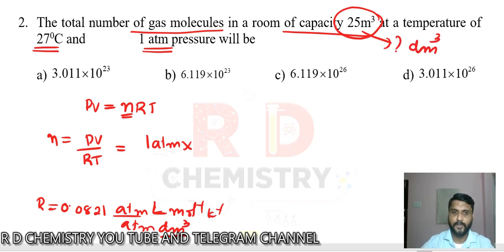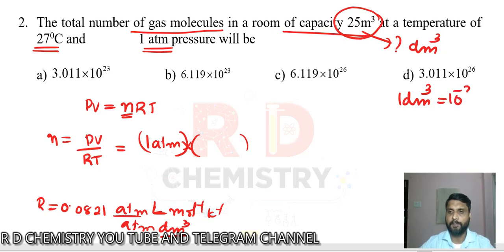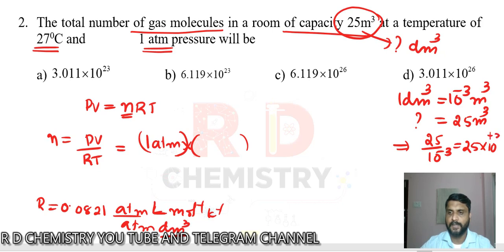So 1 atmosphere, let it be, into volume. 1 dm cube is equal to 10 to the power minus 3 meter cube. Therefore 25 meter cube is equal to how many dm cube? When you cross multiply, 25 divided by 10 to the power minus 3, or 25 into 10 to the power plus 3 in terms of dm cube.